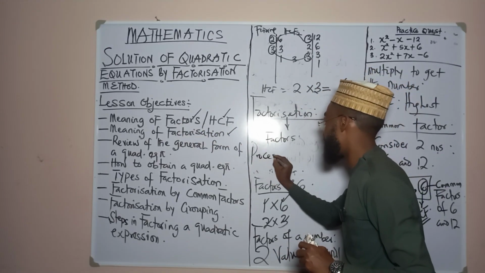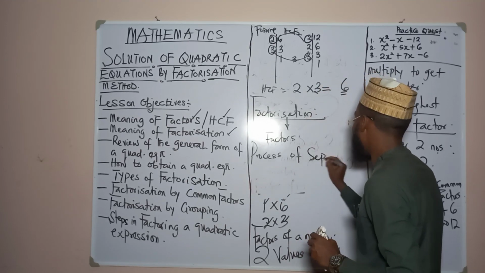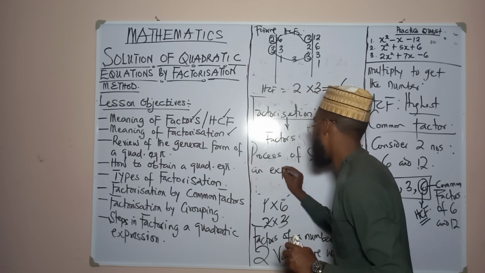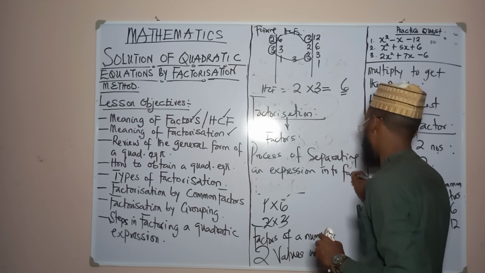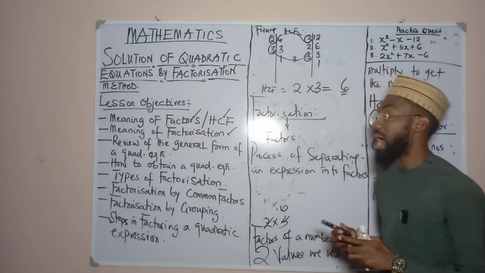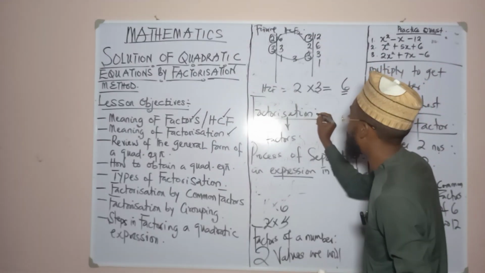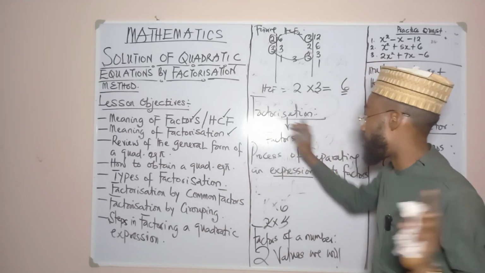It's a process of separating an expression into factors. Simple. Once you are able to separate an expression into factors, you are said to have factorized it. Very simple. There's no other way to explain what factorization means.